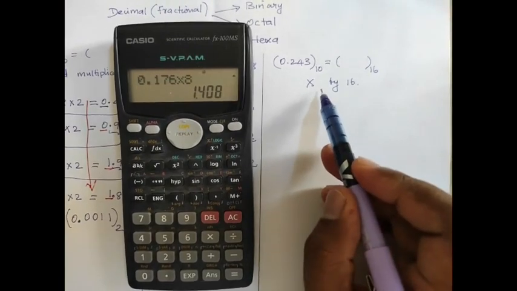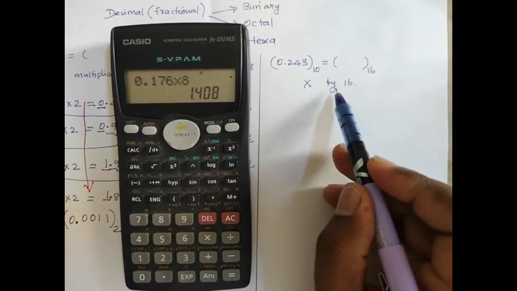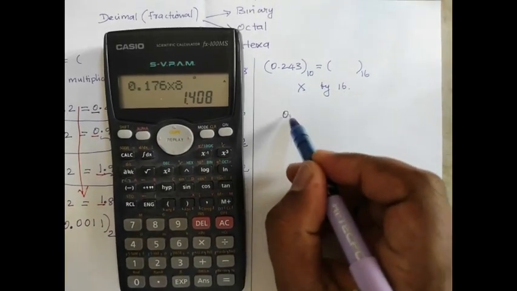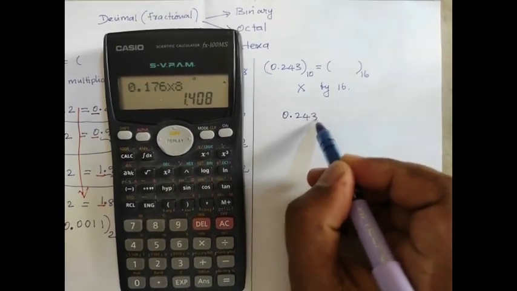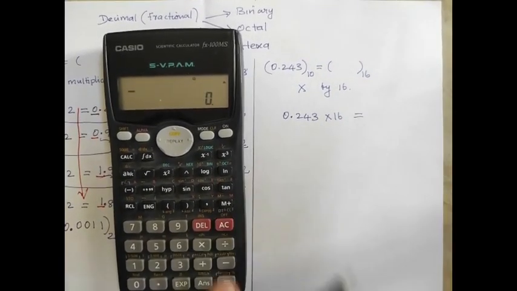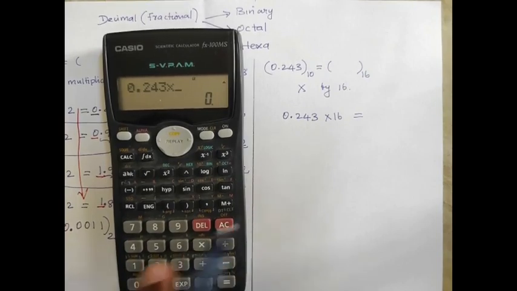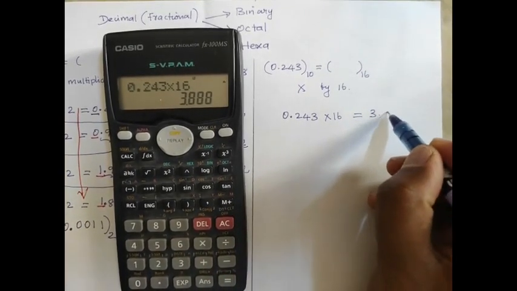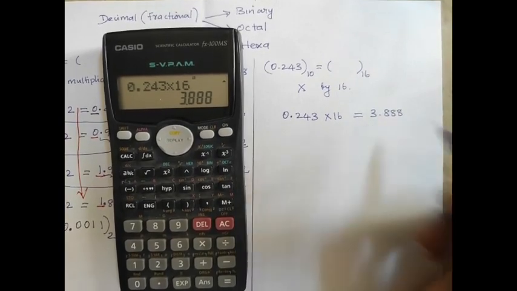The method you have to follow is repeated multiplication by 16. So you multiply 0.243 by 16, and you will get 3.888.